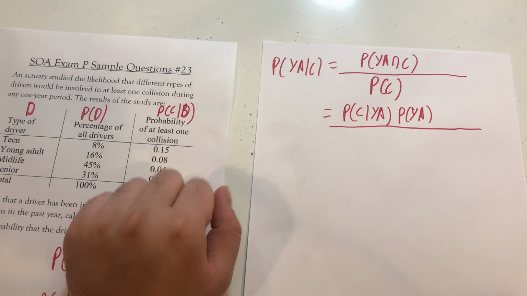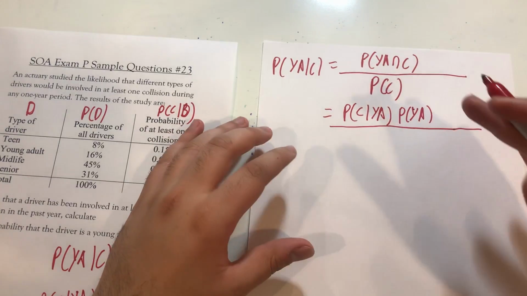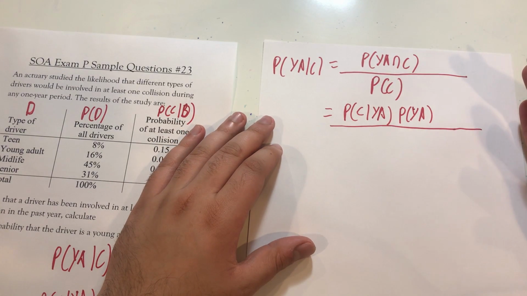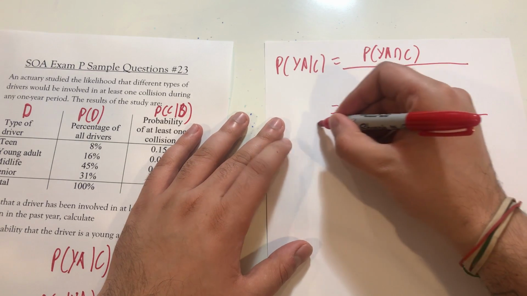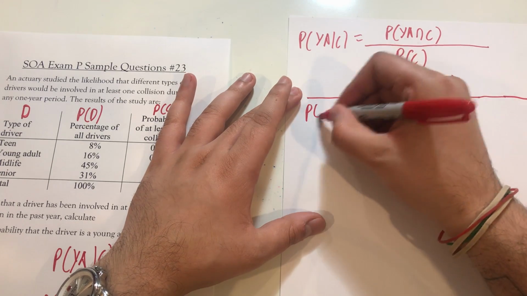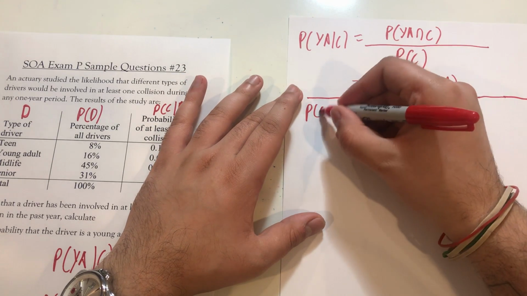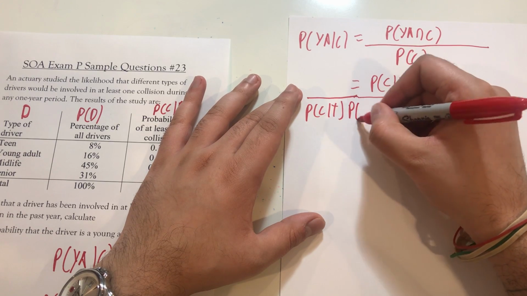Now, the way you have to figure this is we have to sum all the probabilities of being in a collision. All right, so what are all the different ways of being in a collision? I'm going to extend this because I have a feeling it's going to be a larger denominator. You could be in a collision given that you're a teen, so probability of collision given teen, times the probability of being a teen.